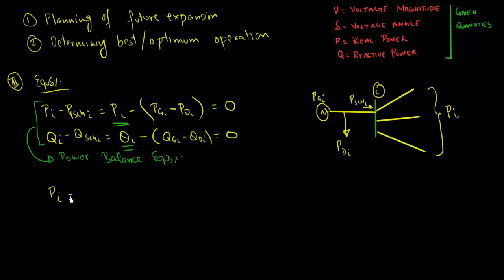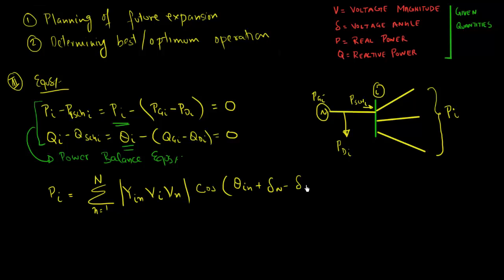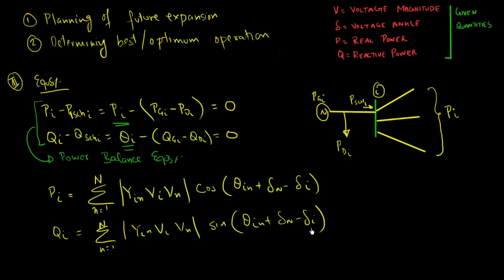So P of I can be written as summation of n equal 1 to, if there are n number of buses, then you would have Y I of n, V I, V n magnitude, and cos of theta I n plus lambda n minus lambda I. And similarly, Q of I would equal summation of n going from 1 to n, Y I of n, V I, V n magnitude sine of theta I n plus lambda n minus lambda I.